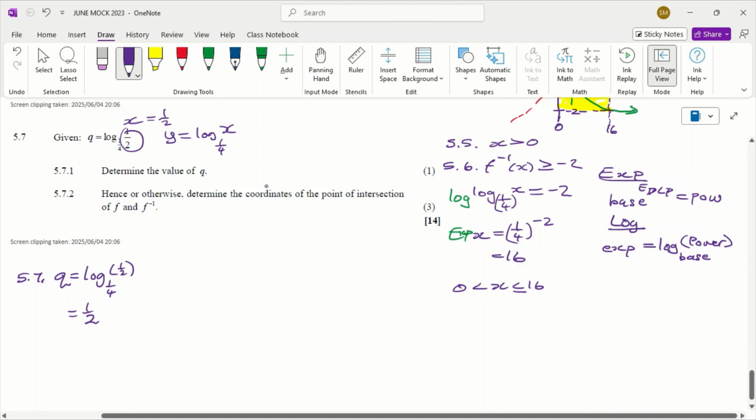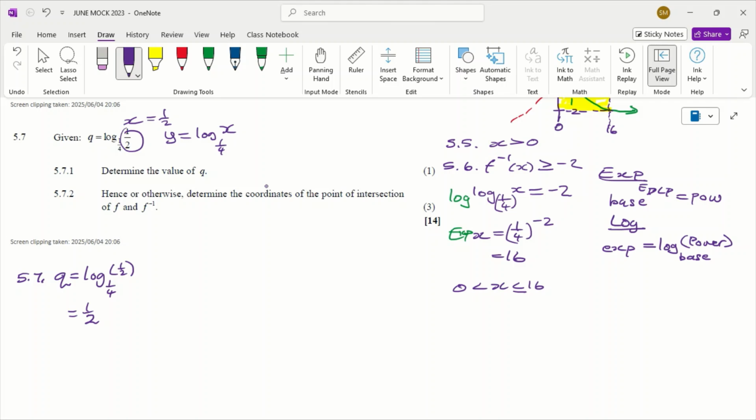And then the next question is asking, hence or otherwise, meaning go back to this question. Hence or otherwise, determine the coordinates of the point of intersection of f of x and g of x.